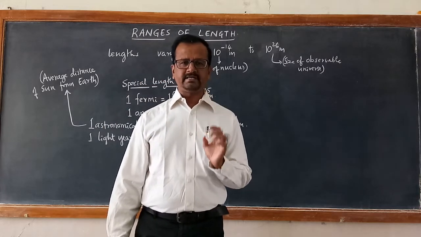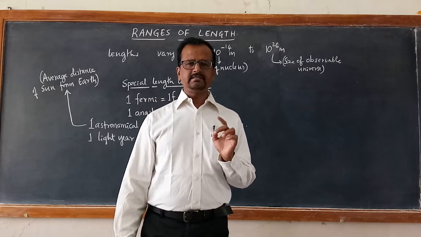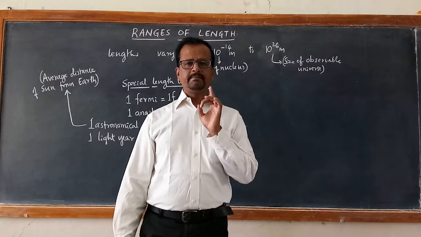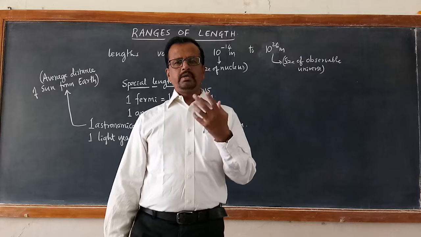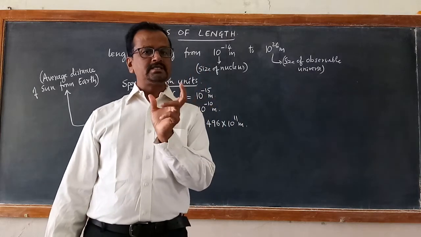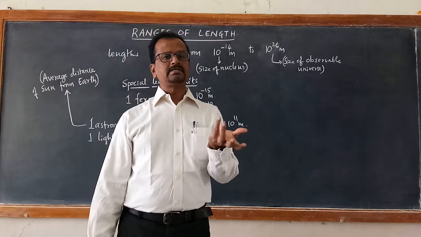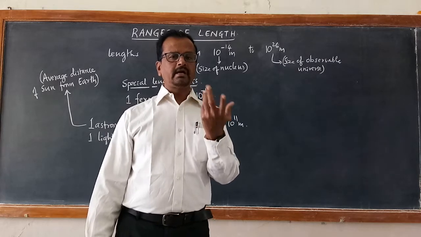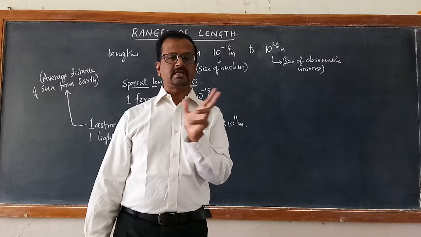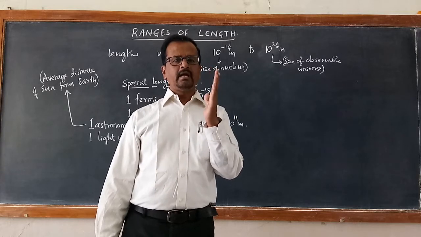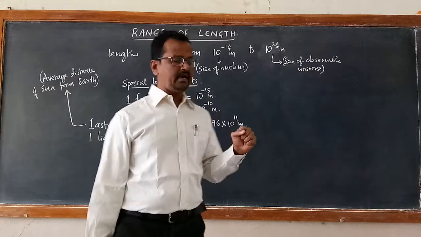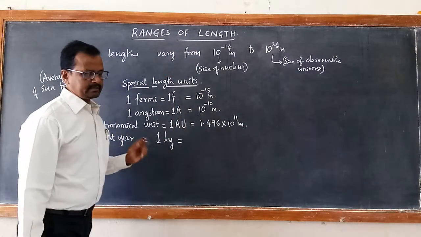That is the speed of light, 3 into 10 raised to 8 meter per second. So, in 1 minute, how much distance does it travel? In 60 minutes, that is 1 hour? In 24 hours, that is 1 day? Then in 365 days, what is the total distance traveled? That gives us 1 light year.